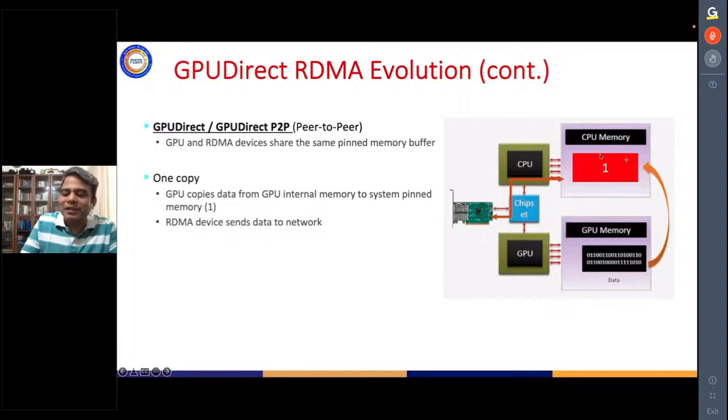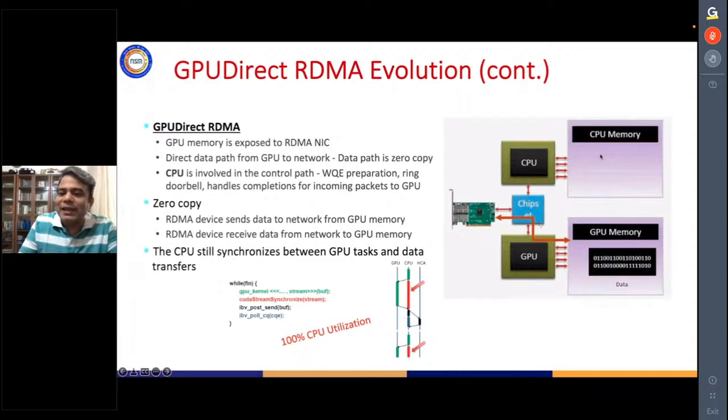We went one step ahead and said, if I have to exchange data from one GPU's memory to the other GPU's memory, why should I even copy it into the CPU memory? Why can't I have my network card directly access the GPU memory and therefore save all the cycles of sending data from GPU memory to CPU memory?